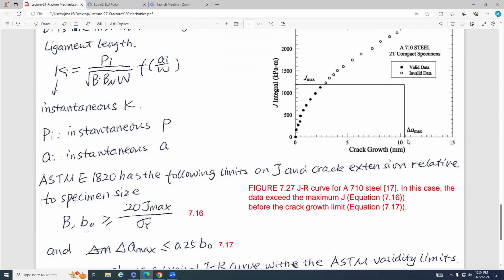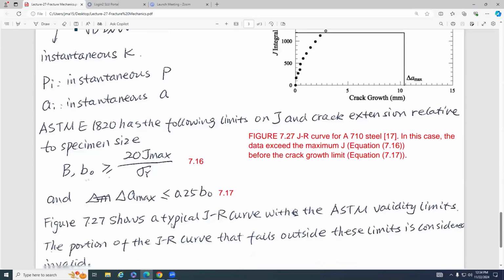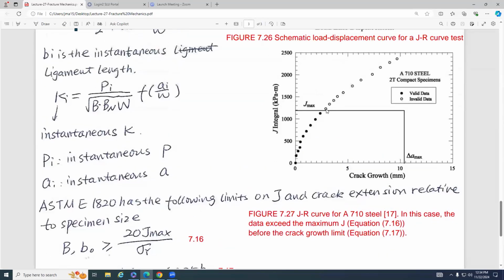So this is the limit. Outside this limit, the JR curve is considered invalid. That means from here to here, the data are considered invalid. That means we can only use the data points within this rectangular shape.